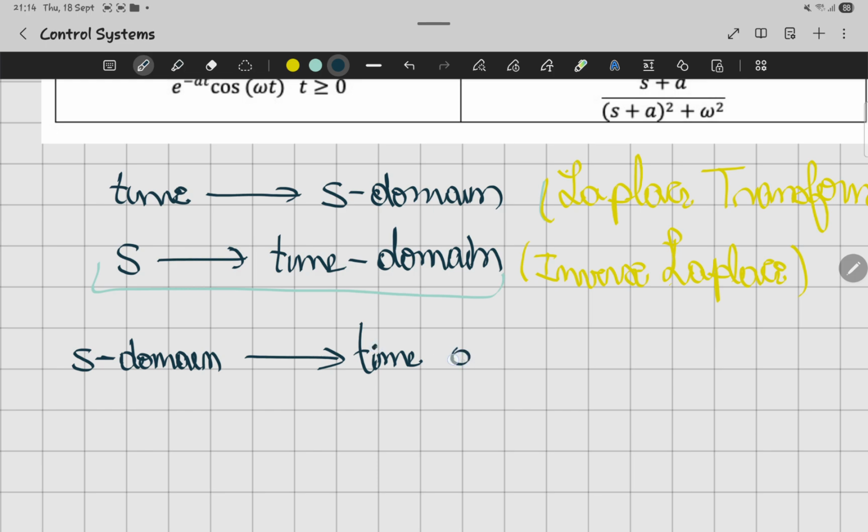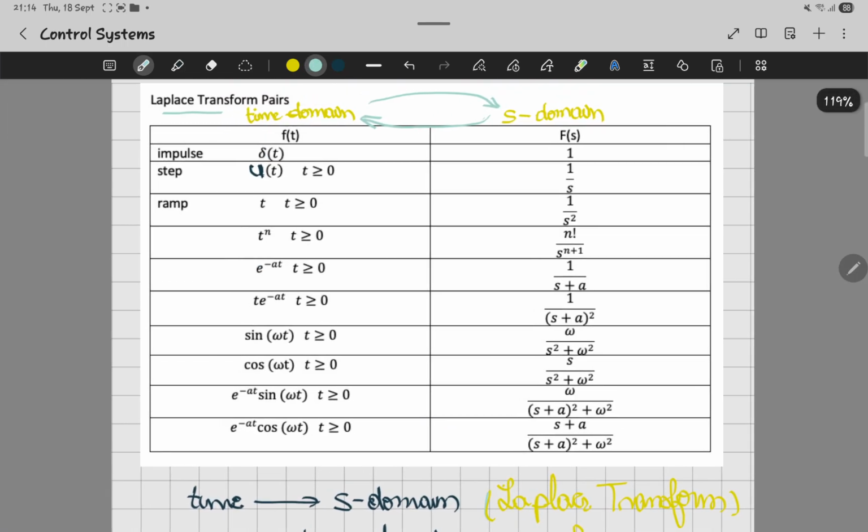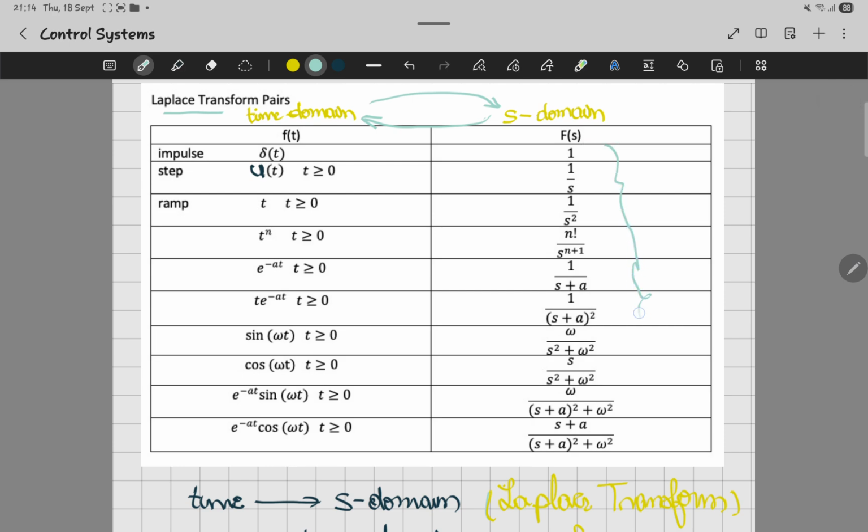If the equation in S domain is similar to what we have in this table, then you can move straight to the other side easily.